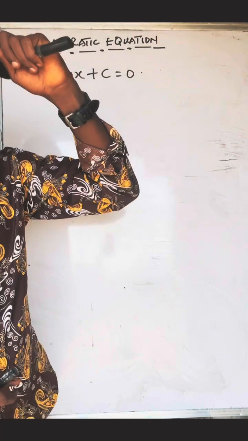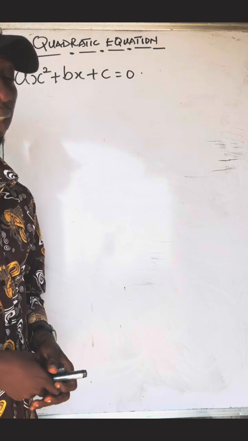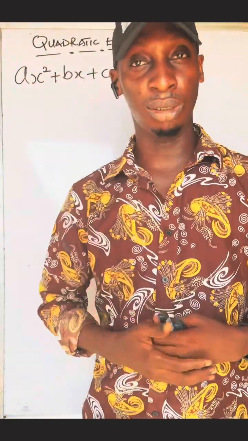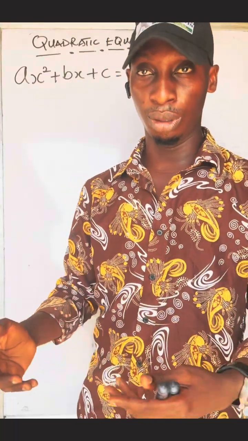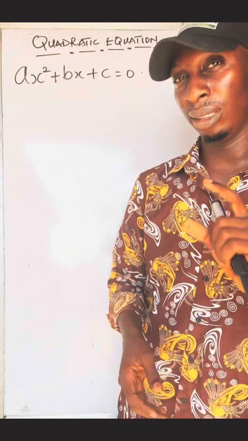You understand? If you have to solve a quadratic equation, you either take the factorization method, completing the square formula, or you use the graphical methods of solving. But instead, there's a very simple way of getting the answer.